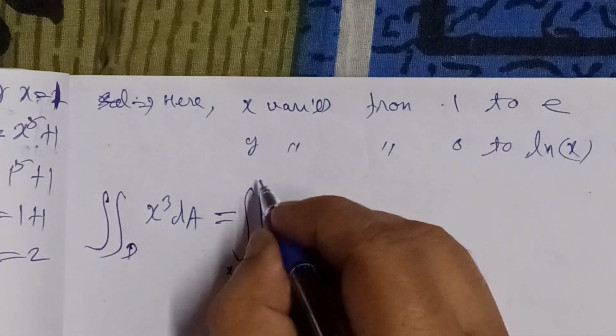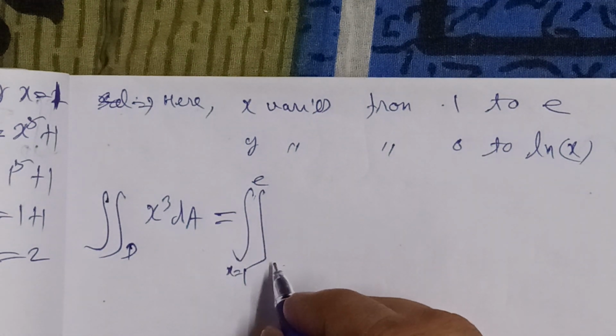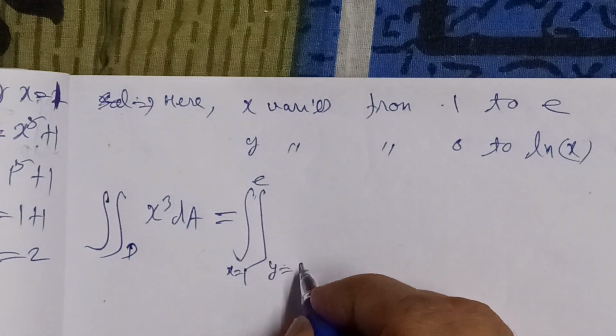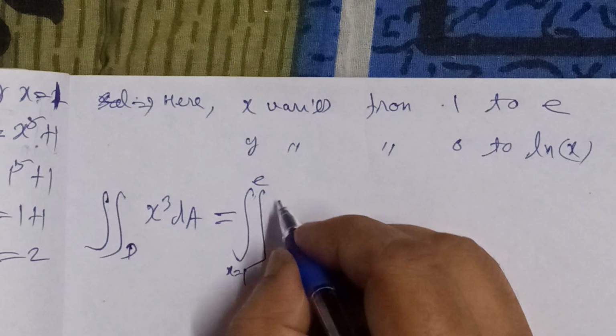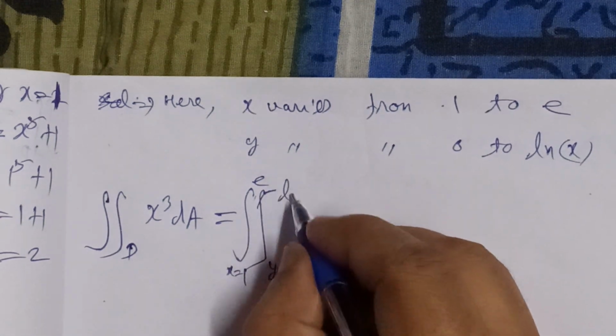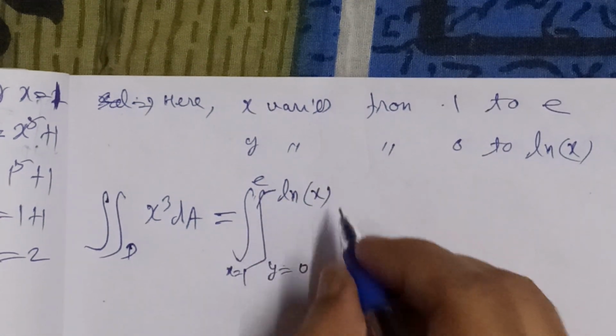It starts from 1 to e, which is the limit of x, and that of y is 0 to natural logarithm of x.